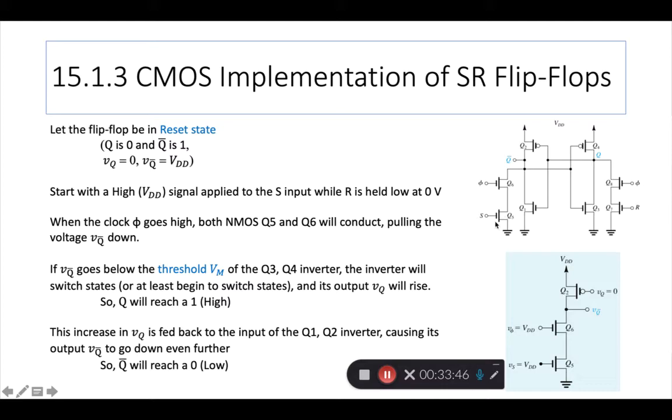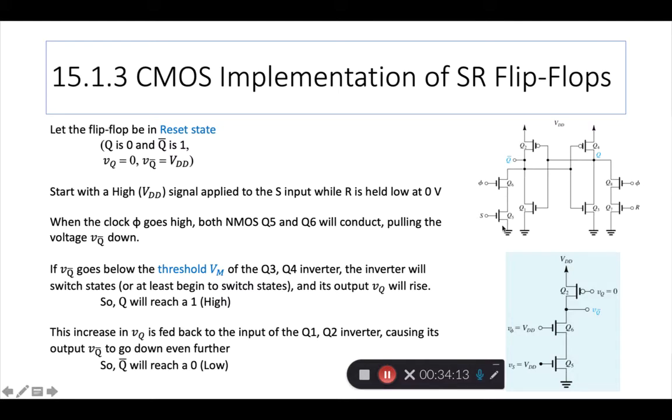Because we've already put a high on S, now a high is coming in on clock. So this branch, Q5, Q6, which is an AND really, because there are two NMOSs in series, acts like a pull-down network, right? You know what that is. NMOS devices love when you give high inputs on them because they start to conduct.